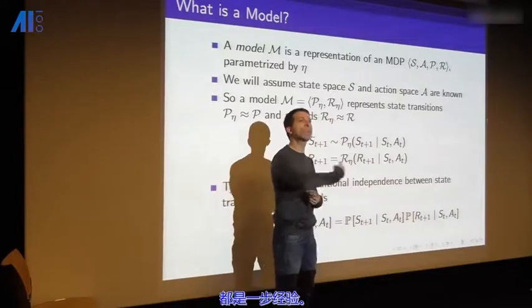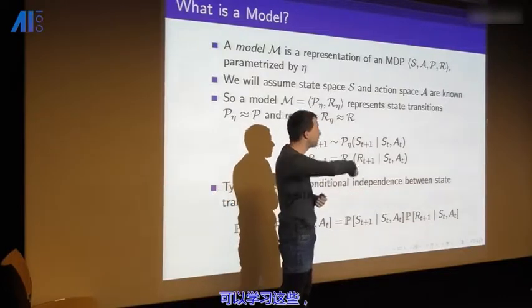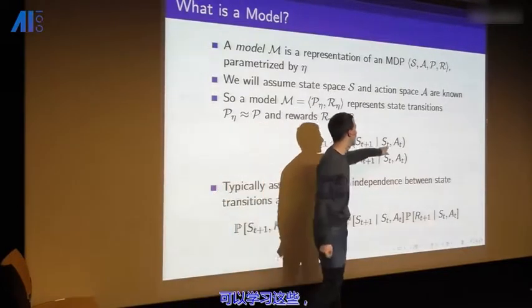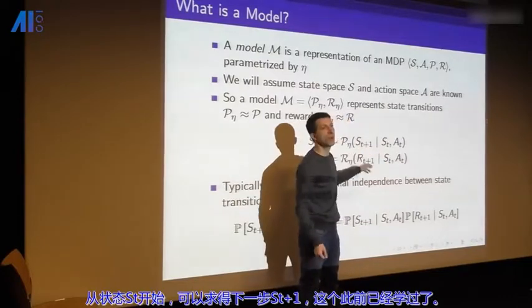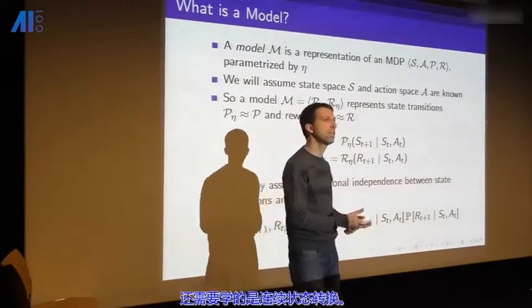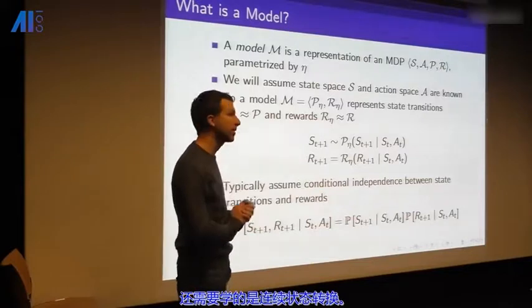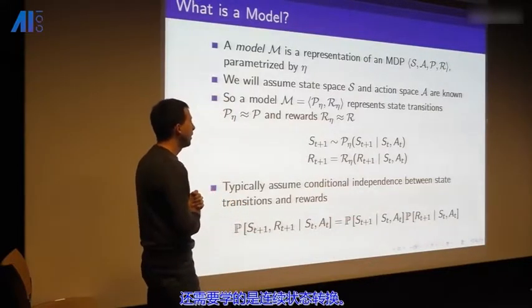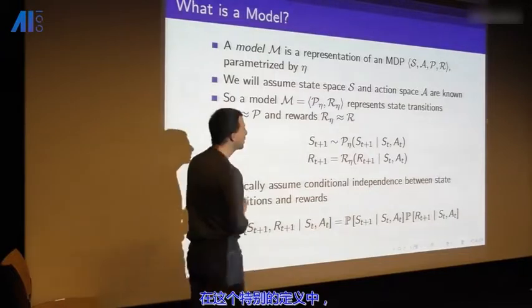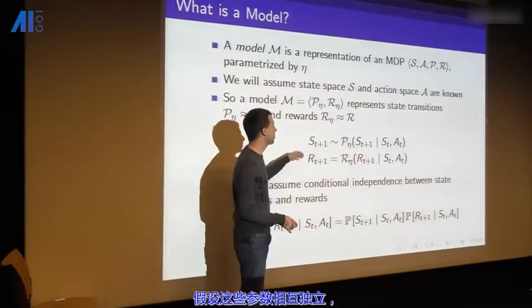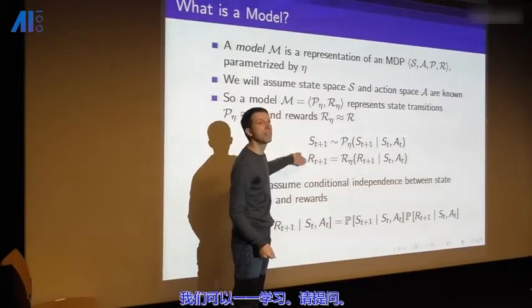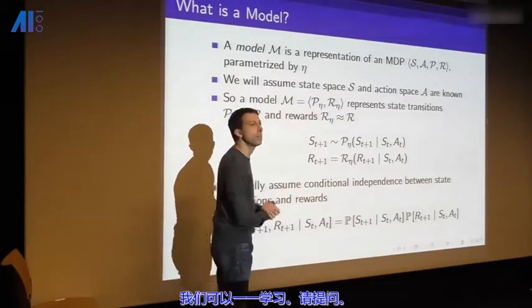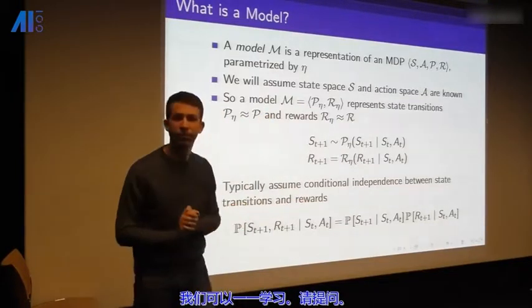And so you only need one step of experience to learn this thing. For example, you started in state st, you saw state st plus 1, you can already learn. You don't need to look at successive state transitions after. And for this particular definition, we typically assume these things are just independent. We can learn them separately. It's easy to change that.